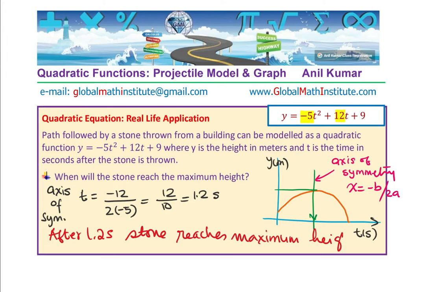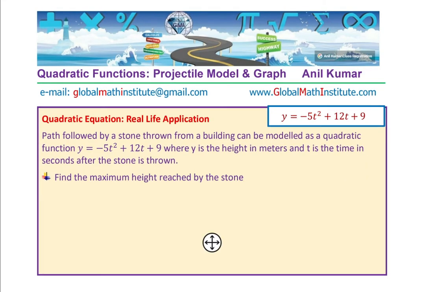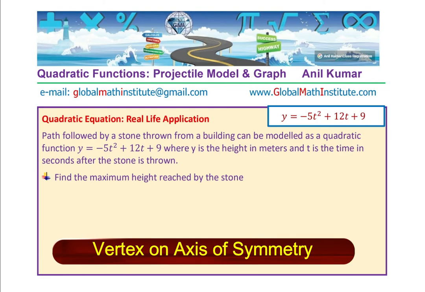maximum height. Remember, whenever you're solving a word problem, solution or answer should be written in complete statement with units. So now we know that the stone reaches the maximum height when the time is 1.2 seconds.